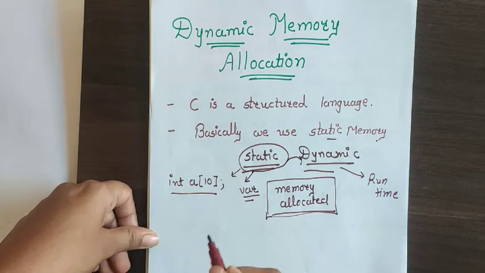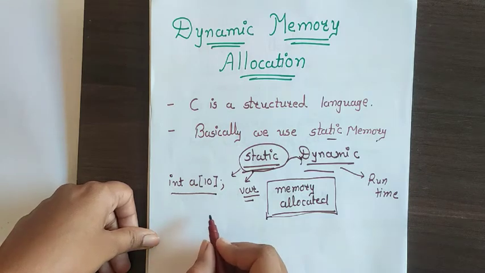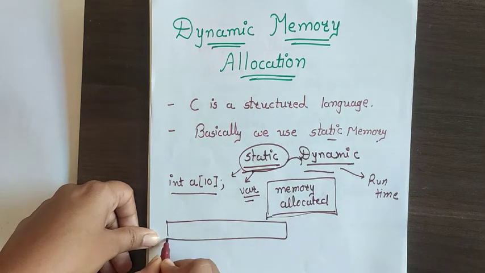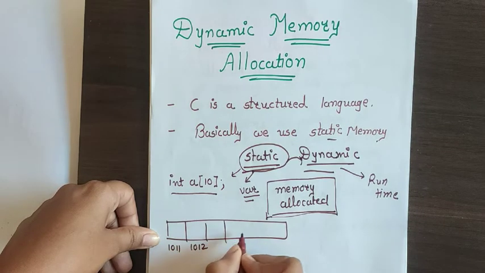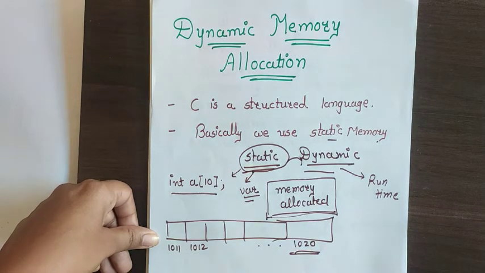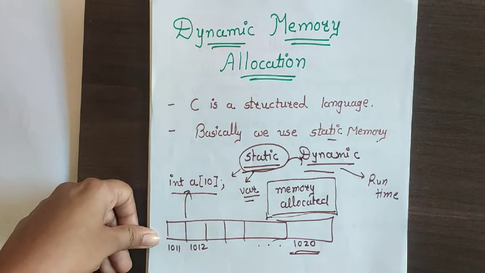So whenever I'm writing this and compiling my program, at that time a contiguous memory is allocated for the array, that means suppose I'm starting with 1011, so 1011, 1012 up to 1020, right?